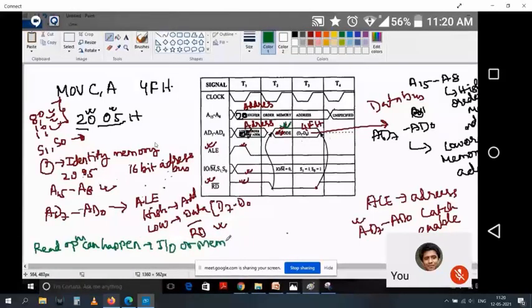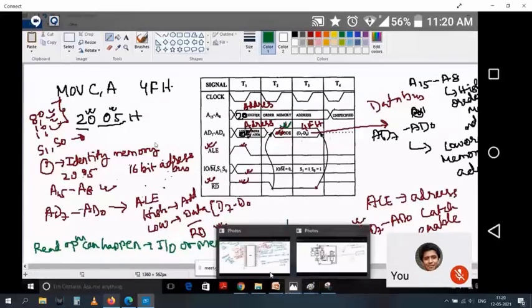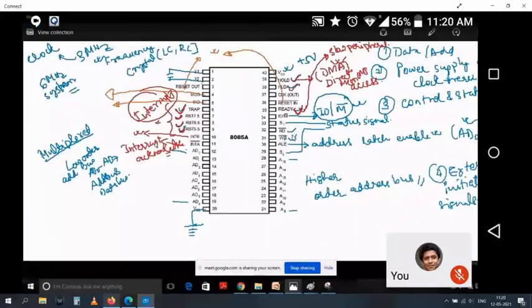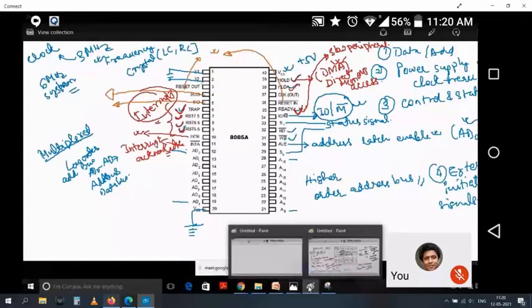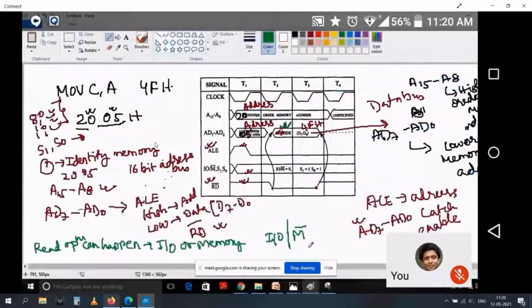Is there a third place from where I can read or write? No. So I have another control signal, input output or memory, pin number 34.